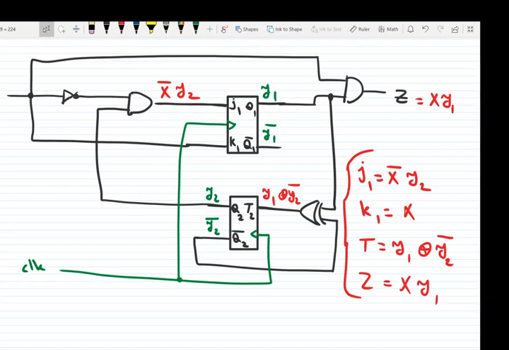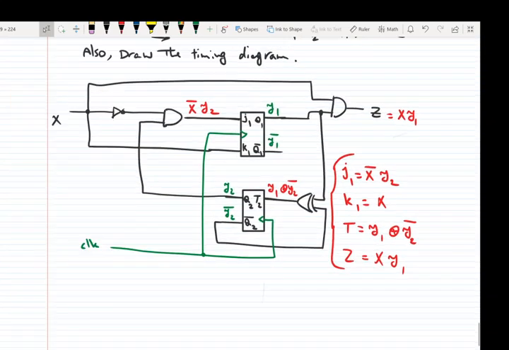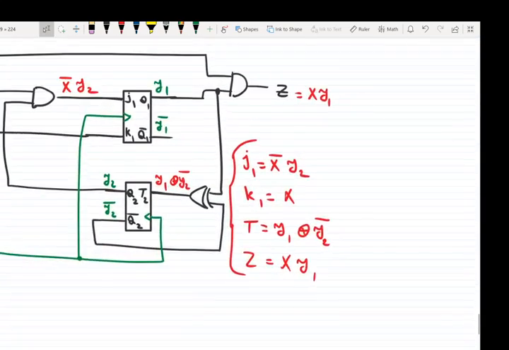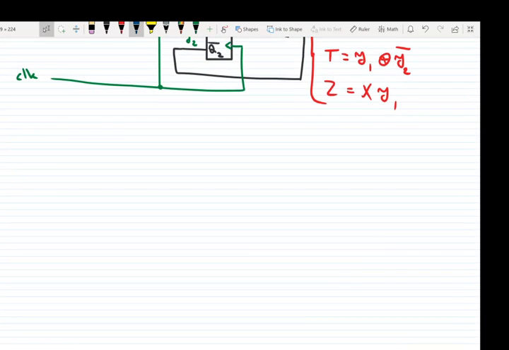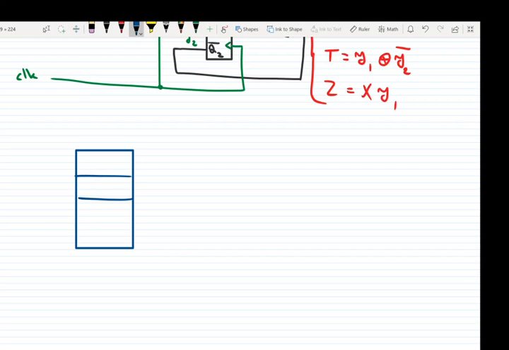First, let's start from flip-flop number one, the JK flip-flop. For the JK flip-flop, we draw the table. The table has four rows because we have two flip-flops and four different states.